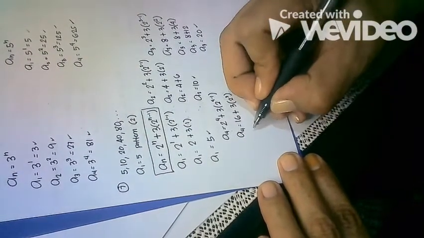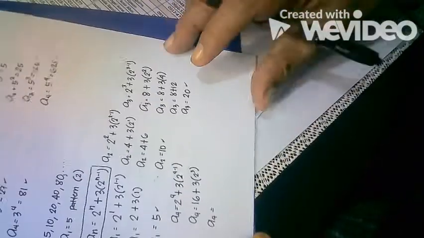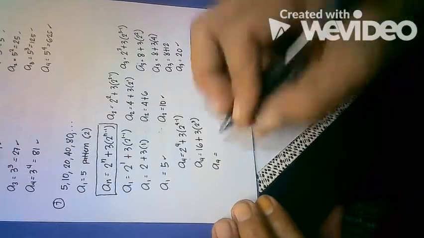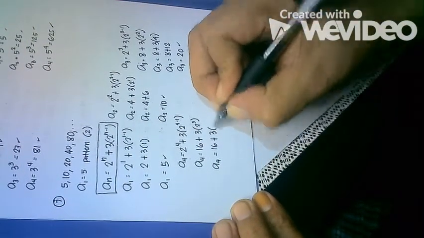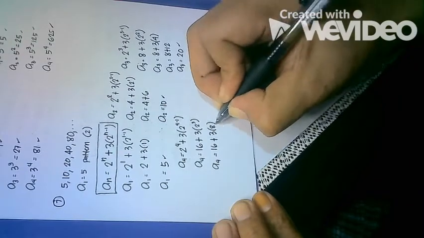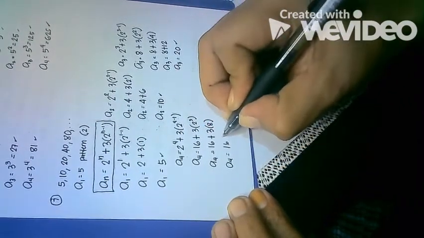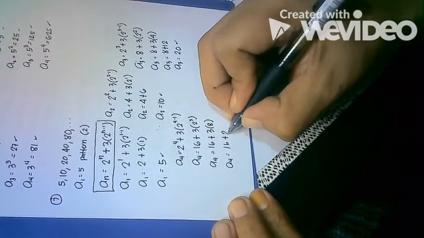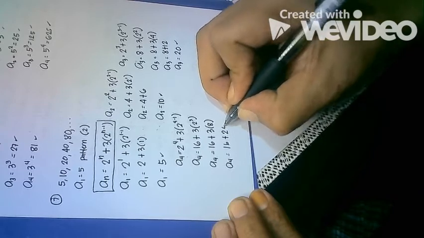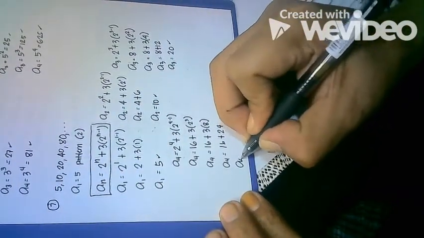So a sub 4 now is equal to 16 plus 3 times 2 to the 3, which is 8. So a sub 4 equals 16 plus 3 times 8, which is 24. So 16 plus 24 is 40.